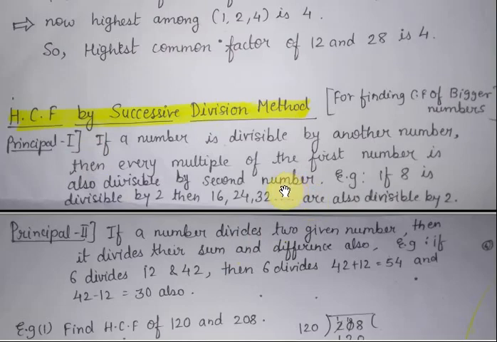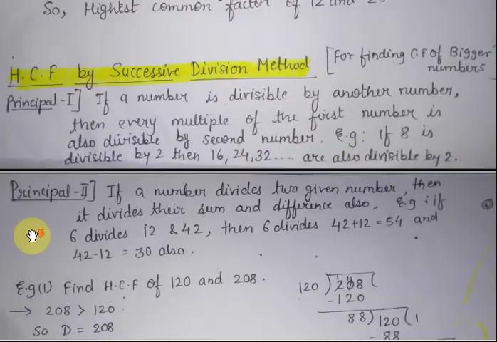For example, if 8 is divisible by 2, then multiples of 8 are 16, 24, 32, 40, 48, and 2 will divide all its multiples, so they are also divisible by 2.